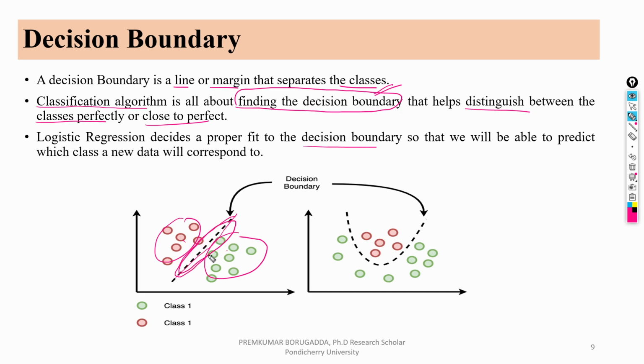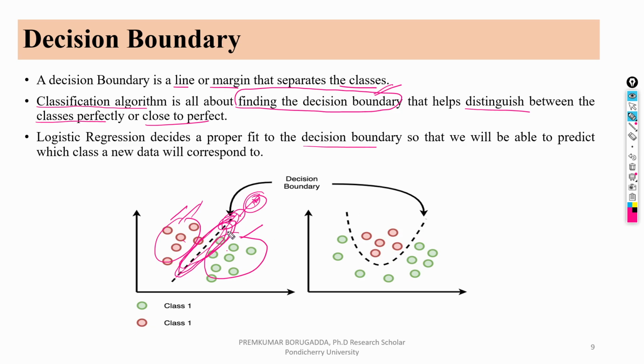If we find it, any new data point that comes here will be placed by the decision boundary into class 1 or class 2. So if you know the decision boundary perfectly, you can easily put a new data point into the corresponding class.